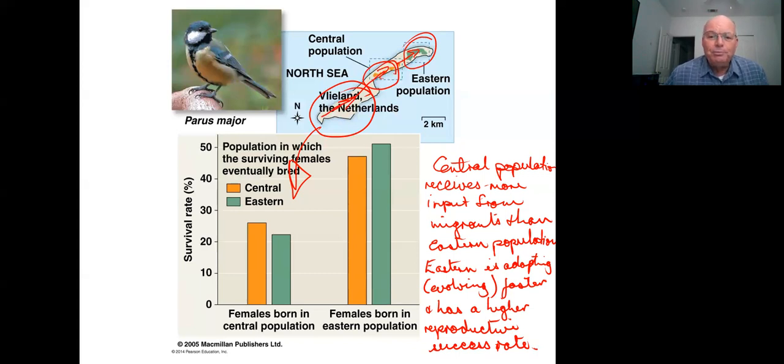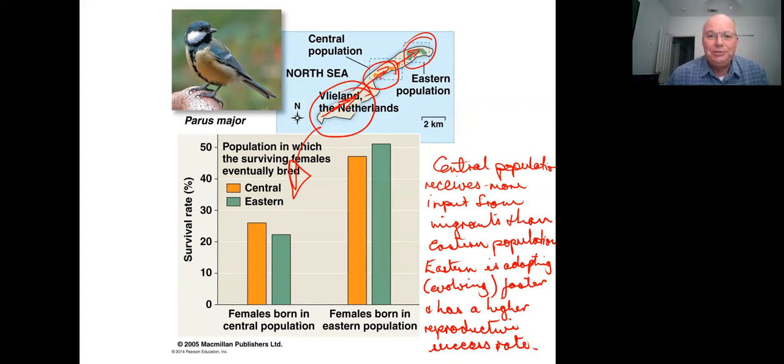But if individuals born in the central population migrate into the eastern population, they have greater reproductive success because they're now amongst a population that actually is better adapted to the environment because they're evolving faster. So you can see where gene flow can work in both ways.